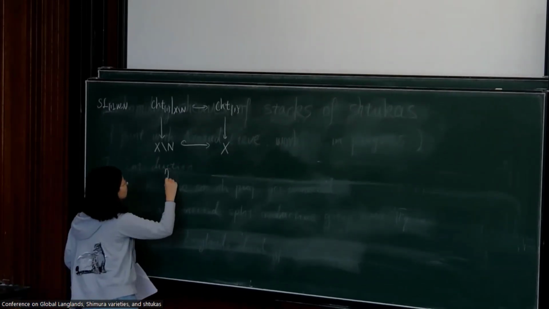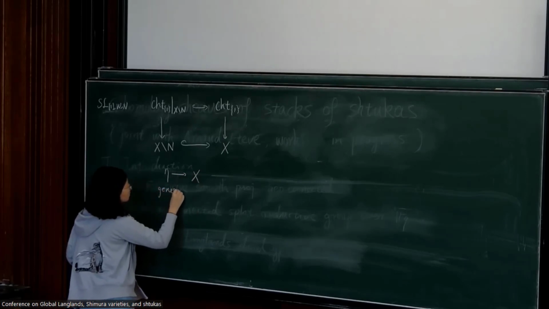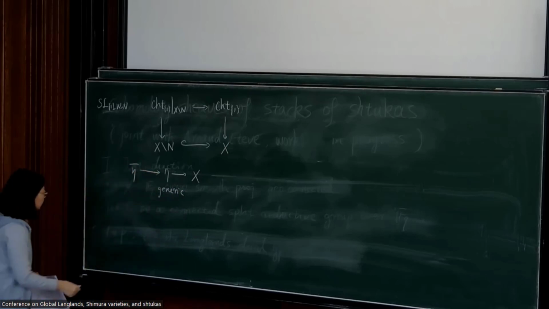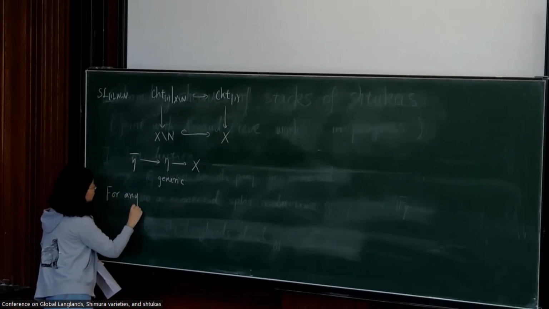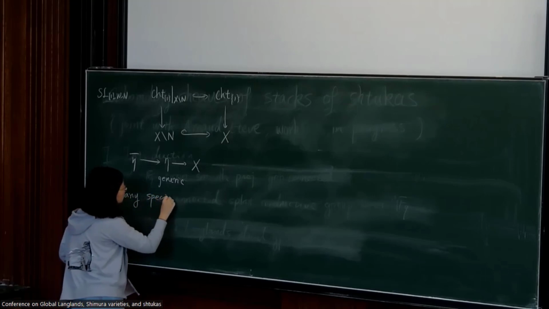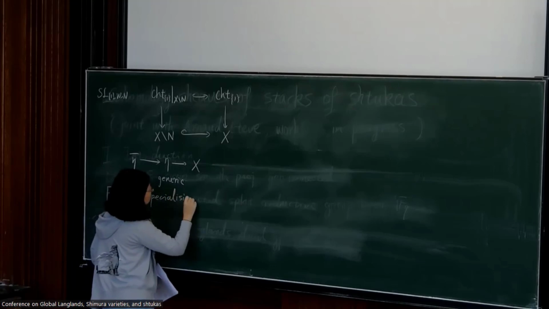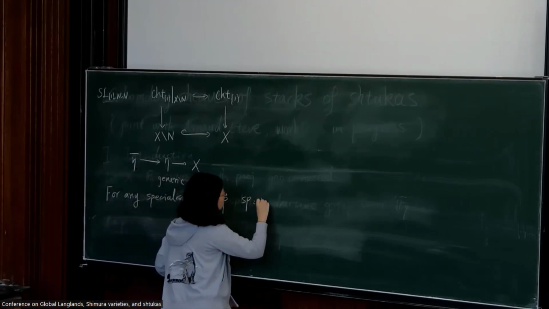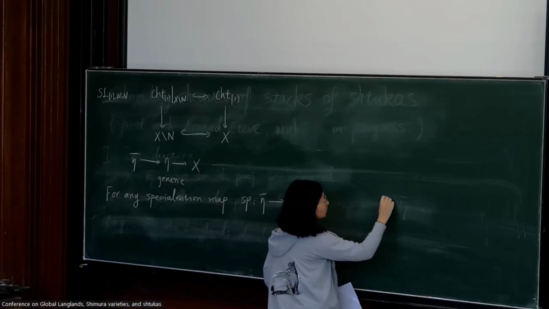We will note eta the generic point of X, and we let eta bar be a geometric point over the generic point. For any specialization map from eta bar to v bar, we have the setting.